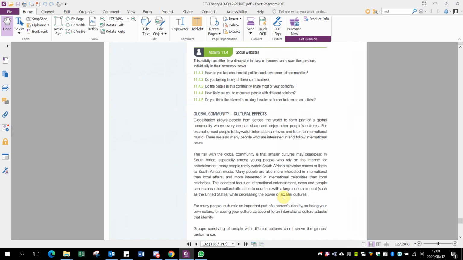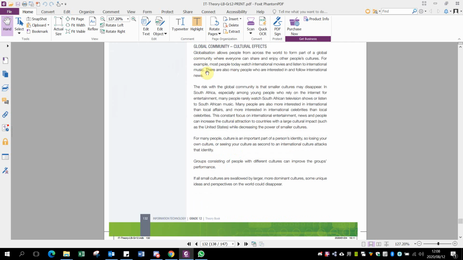Then, global community: the cultural effects. Globalization allows people from across the world to form part of a global community where everyone can share and enjoy other people's cultures. For example, most people today watch international movies and listen to international music. There are also many people that are interested in and follow international news.